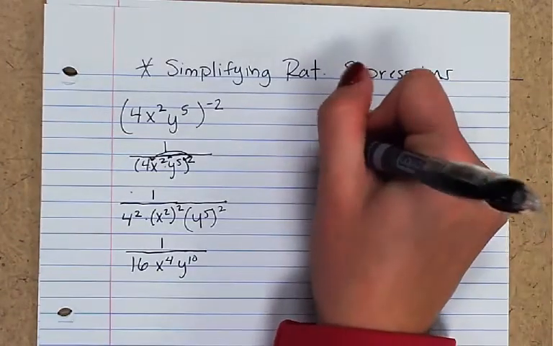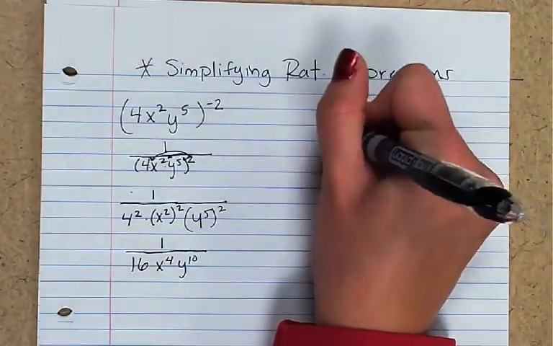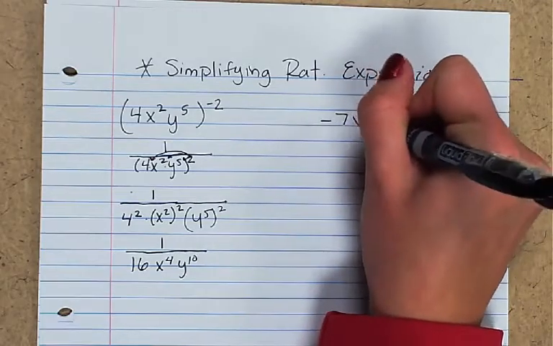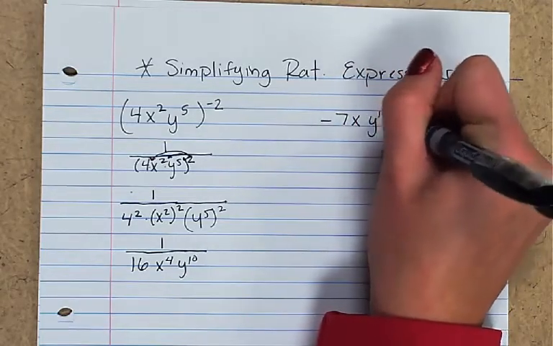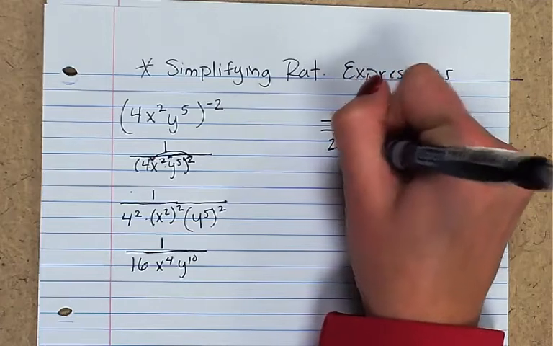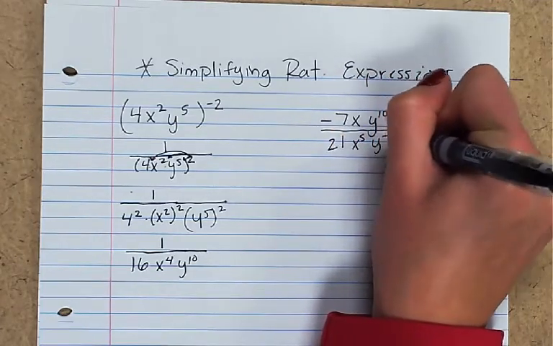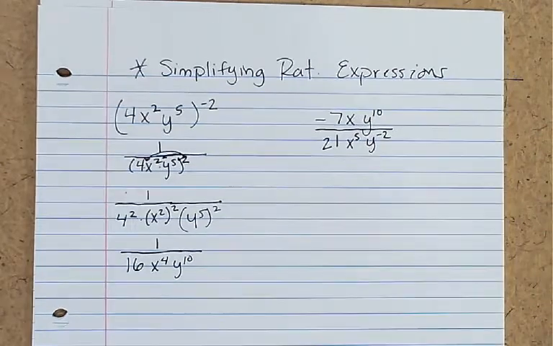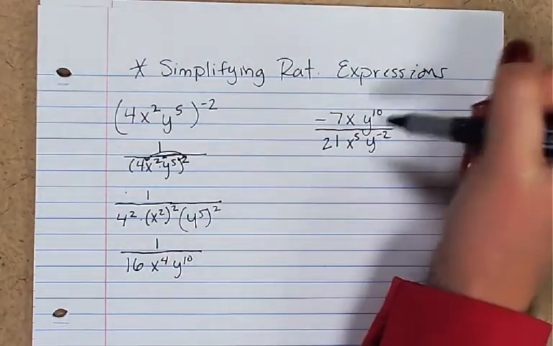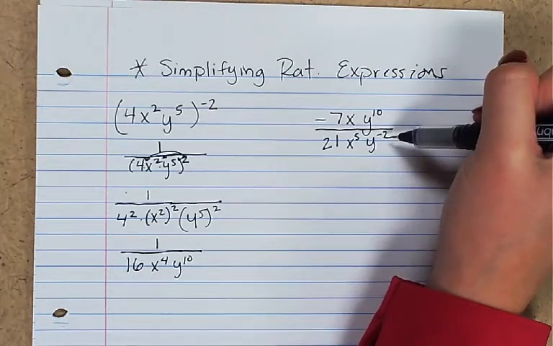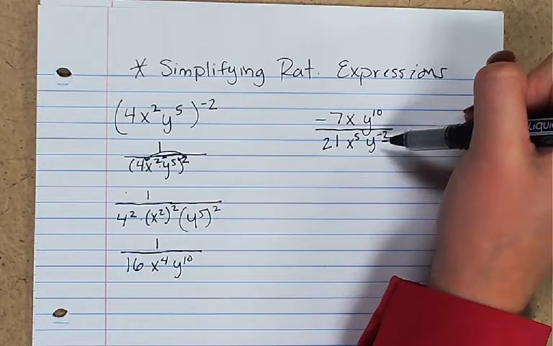Another one. Here, I would probably start with dealing with the fact that I have a negative exponent. Remember, when you have a negative exponent, it's already in a fraction.